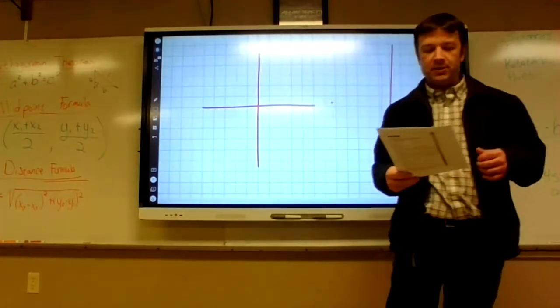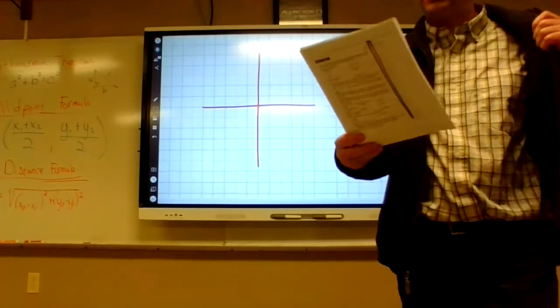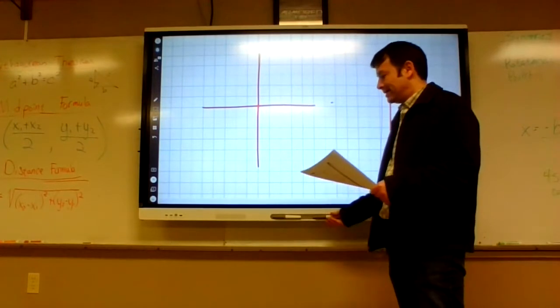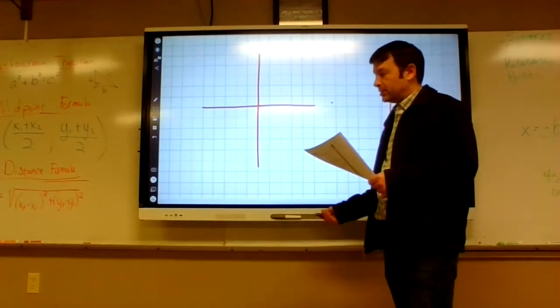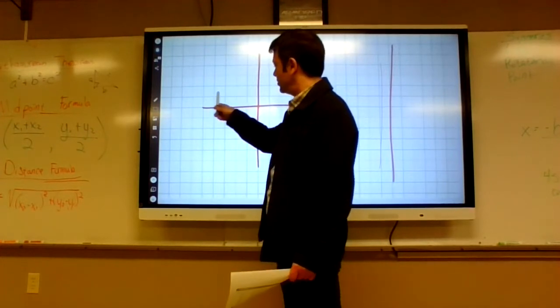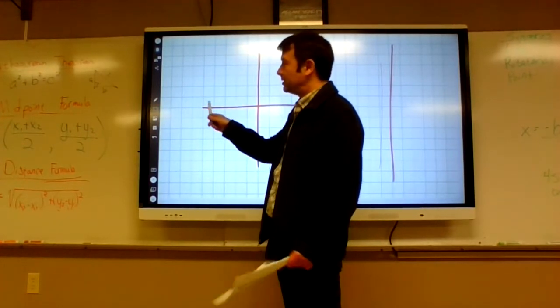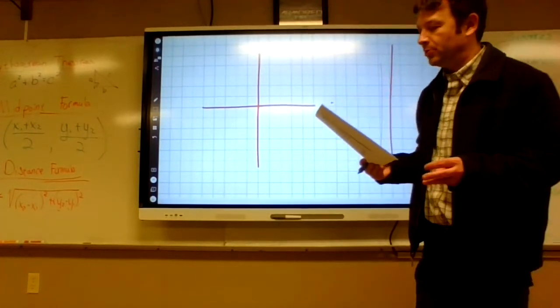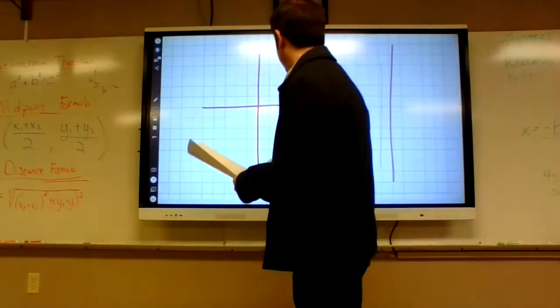Okay, so on number 2, what that means is we're supposed to graph y equals x plus 2 when the x values are less than negative 1. So everything to the left of negative 1 should look like the line y equals x plus 2. What does the line y equals x plus 2 look like?